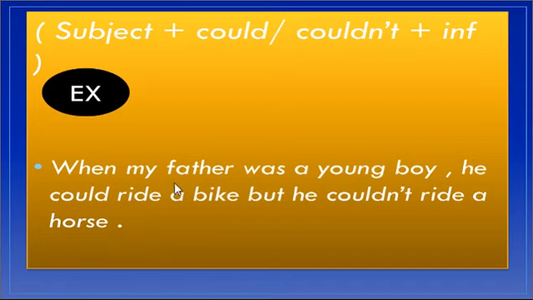We are talking about the past. ليه عرفنا إن هو بيتكلم in the past إزاي؟ هنا عبر لي عن حاجة باستخدام when. كمان هنا could expressing إيه؟ Expressing ability in the past followed by the infinitive. But he couldn't ride a horse. هنا I used could for expressing ability and couldn't for expressing inability in the past.